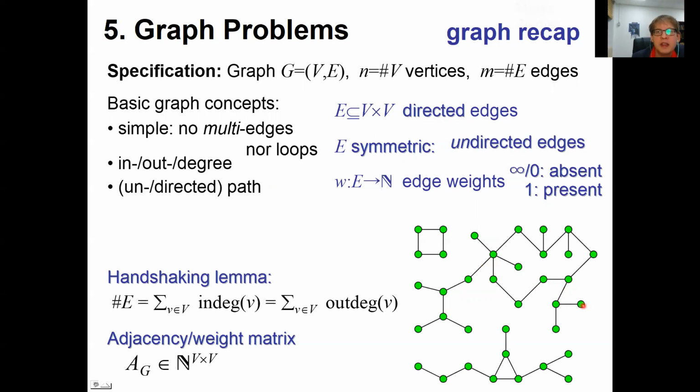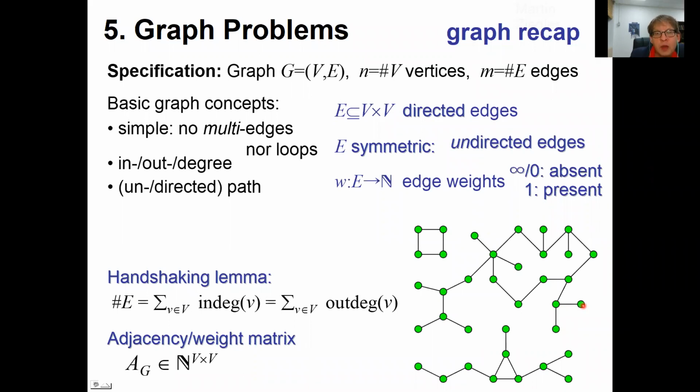Let me refrain from making this unnecessarily formal. You have a clear idea what a path is. If the underlying graph is directed, then we need to talk about directed paths, which respect the direction of the edge in which we traverse it. If the underlying graph is undirected, then we can traverse the edges in any way we like.